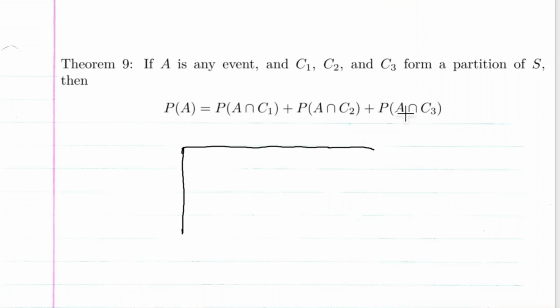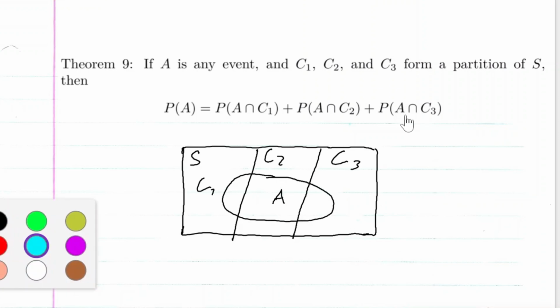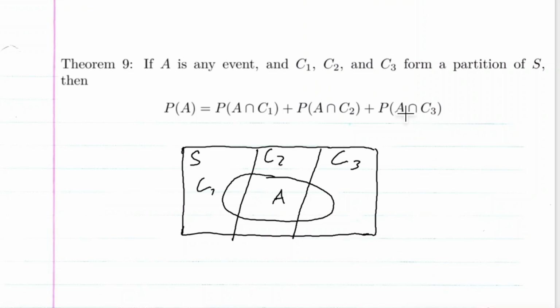This is a very similar situation to the one we had when only two of these sets formed a partition. So we have S, we'll have this piece be C1, this piece be C2, and then this piece be C3, and we'll have A be this guy right here. For A intersection C sub 1, I'll put that as blue, and that's this area here.